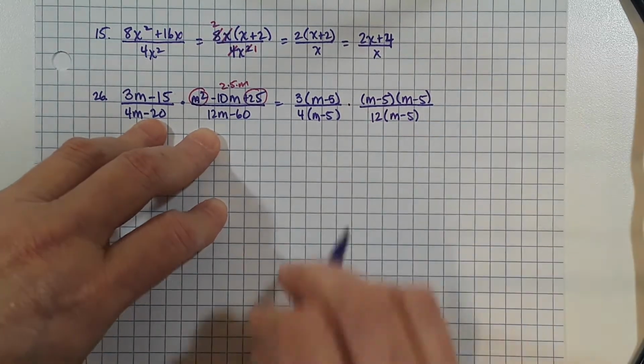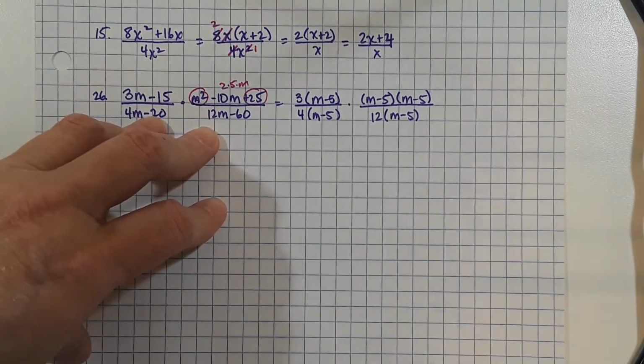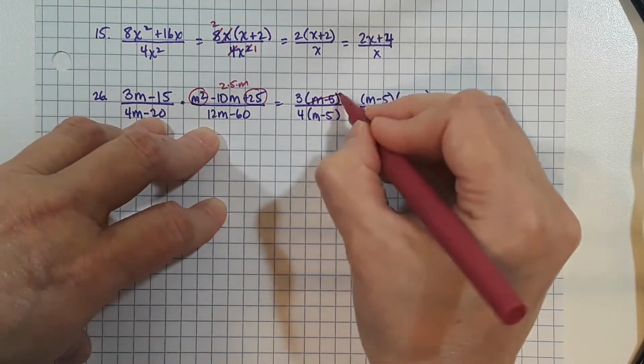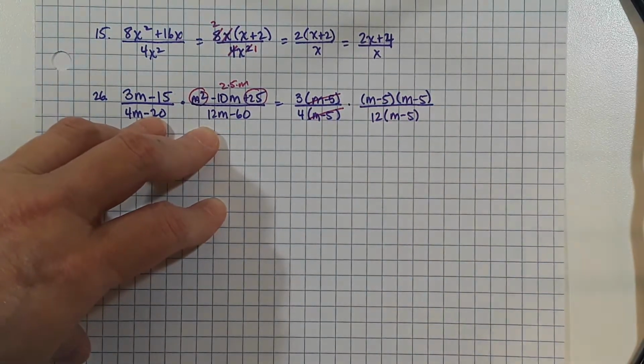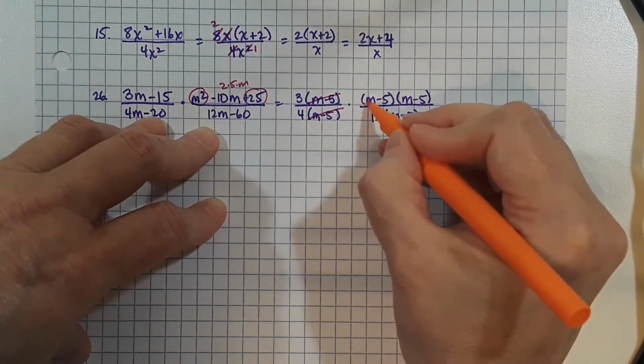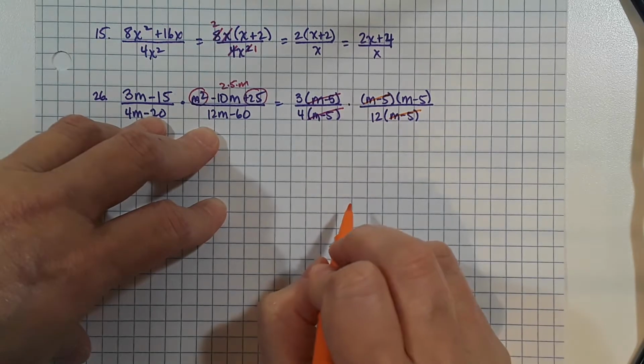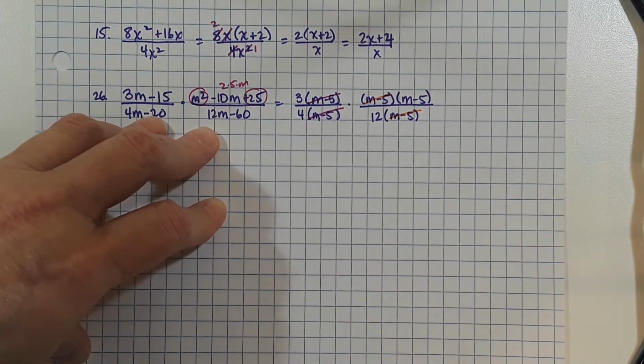Lots of m minus 5s running around here. Okay, so first off, those guys are going to factor out. And let's get another color here. And then those m minus 5s will factor out.